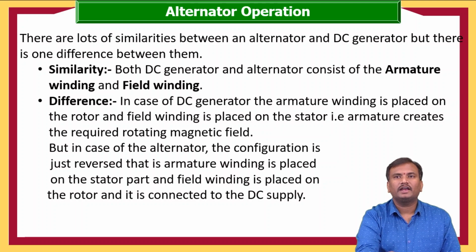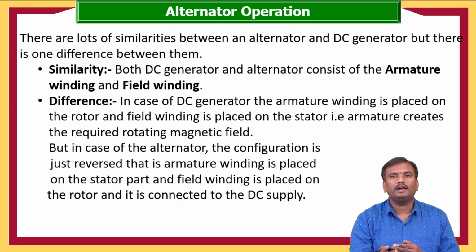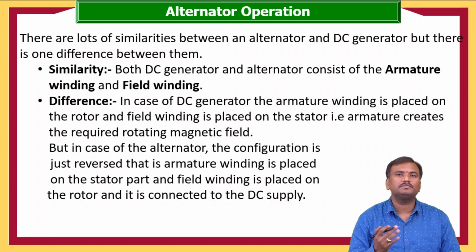The difference is, in case of DC generator, armature winding is placed on the rotor and field winding is placed on the stator, whereas in this case the armature winding is placed on the stator part and field winding is placed on the rotor part, and it is connected to the DC supply. So here we are going to give two excitations. That's why synchronous machines or alternators are also called doubly excited machines, because one is DC supply and another is the mechanical input.